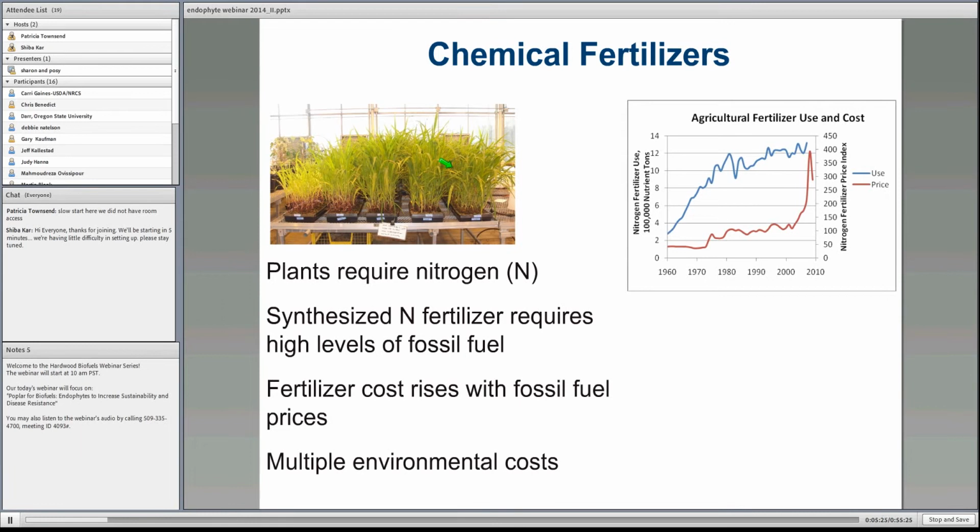One is that the excess nitrogen fertilizer and also phosphate enters our waterways and can lead to disruption of those ecosystems, algal blooms and things like that. Another serious problem is that the excess fertilizer in the soils gets converted by the soil bacteria to nitrous oxide, which is a very potent greenhouse gas. So there are multiple reasons why we'd like to get away from our dependence on chemical fertilizers.